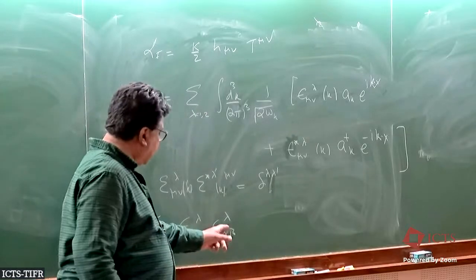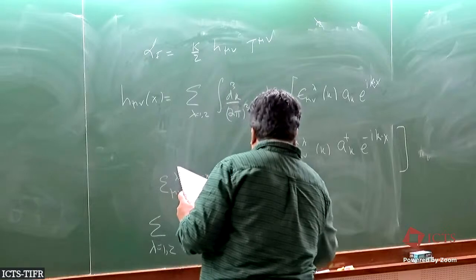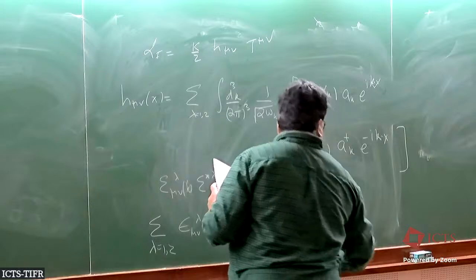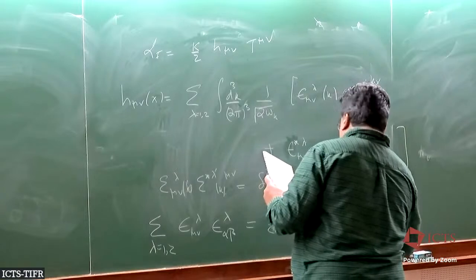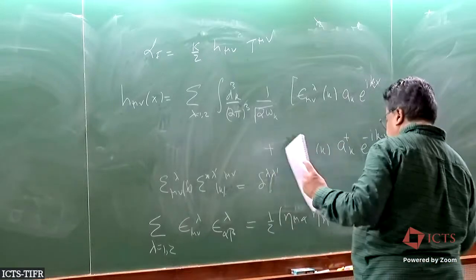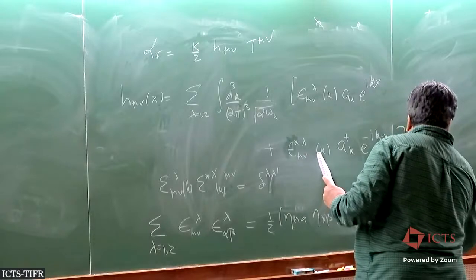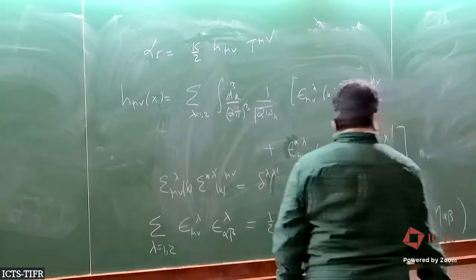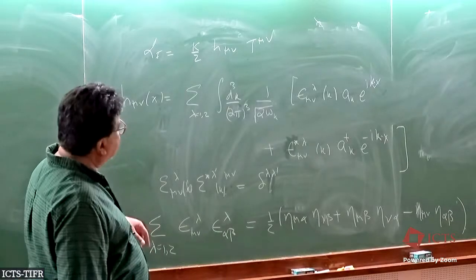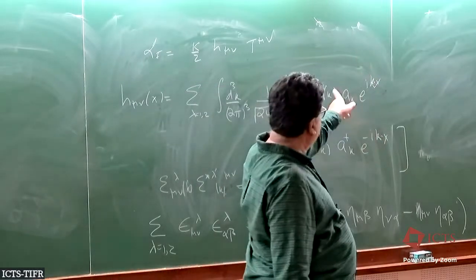So this is the polarization sum, and A and A dagger have the usual commutation, that the A, A dagger commutator is a delta function of K and K.